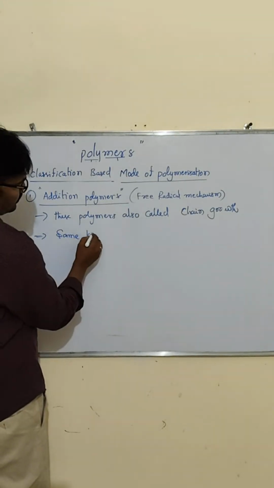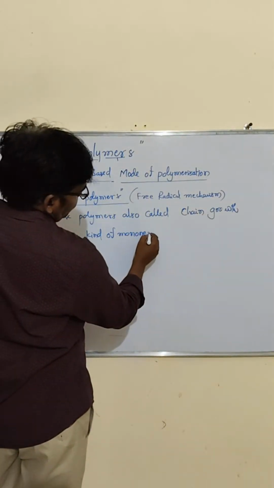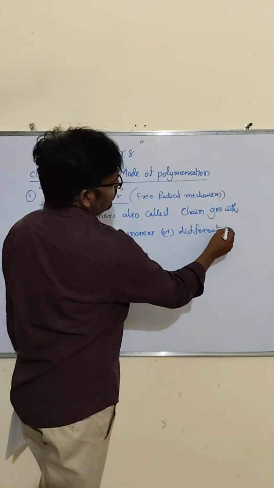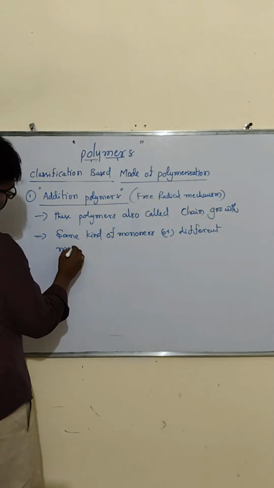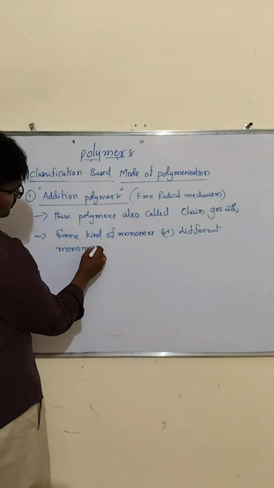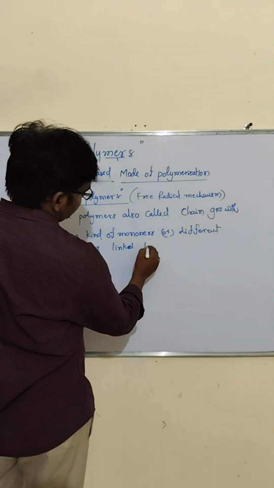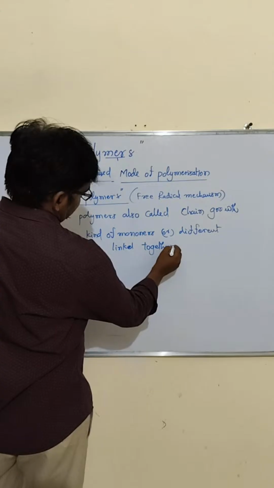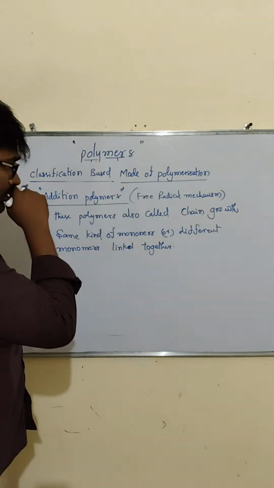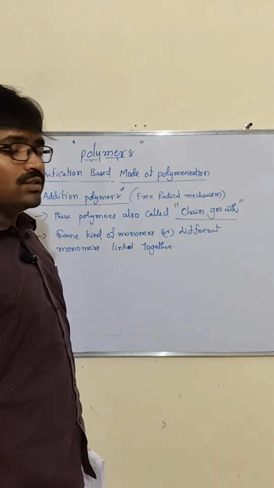Same kind of monomers or different monomers linked together. These we call addition polymers. They are also called chain growth polymers, so the chain will increase.